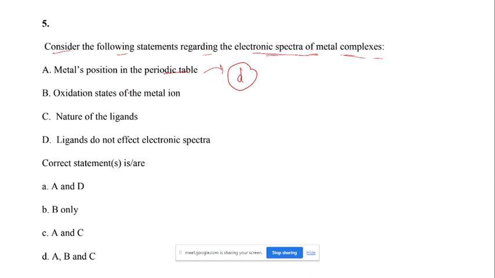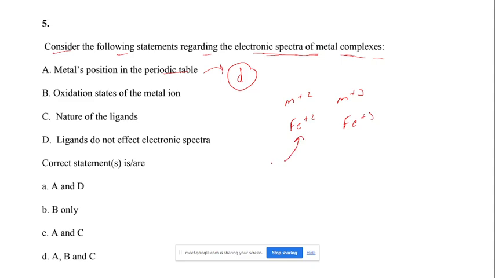Then oxidation state of the metal ion. Obviously, if it is M+2 and M+3, then both will give different types of color. We have already explained iron, Fe+2 and Fe+3. What will happen in Fe+2 when it makes a complex with a ligand like 1,10-phenanthroline?